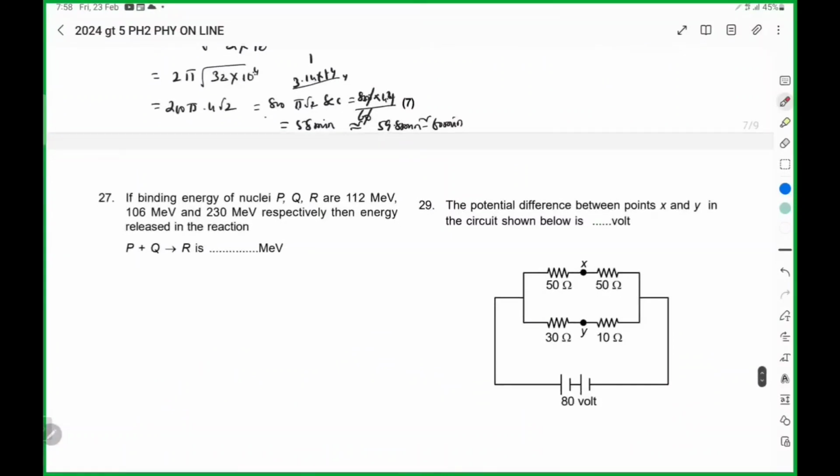So in this 27th problem, it's a binding energy of nuclei. Two nuclei combine together and form another nucleus.